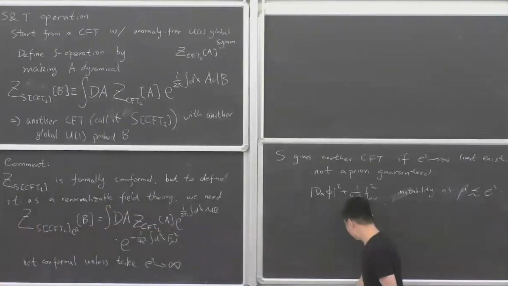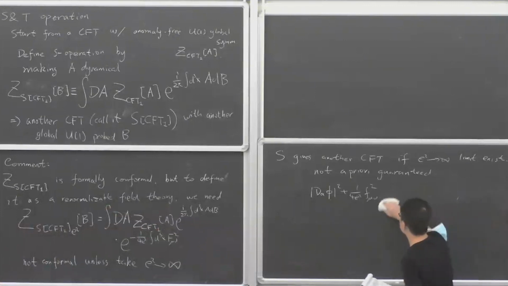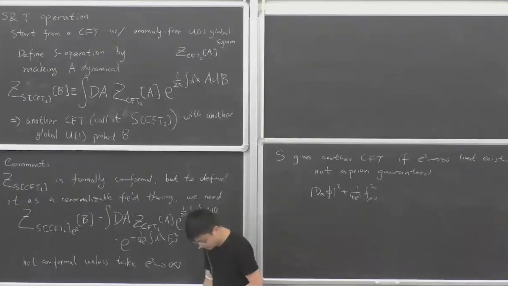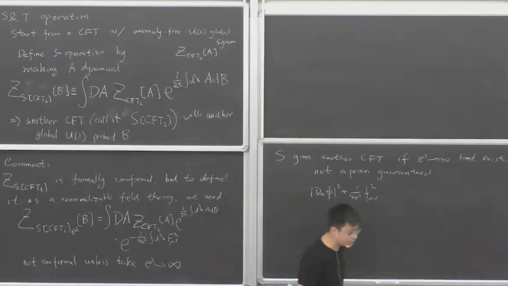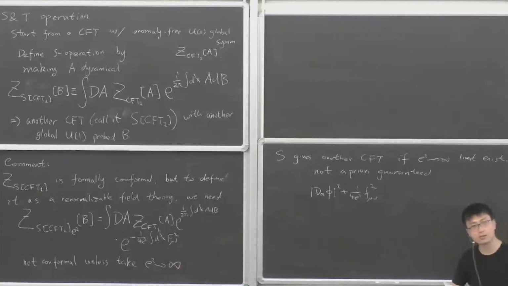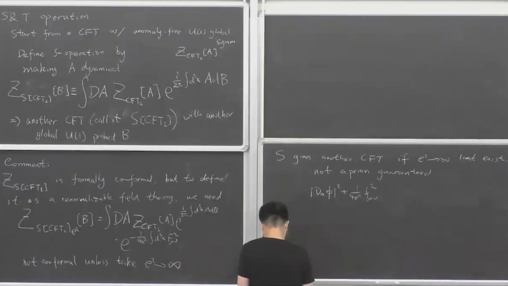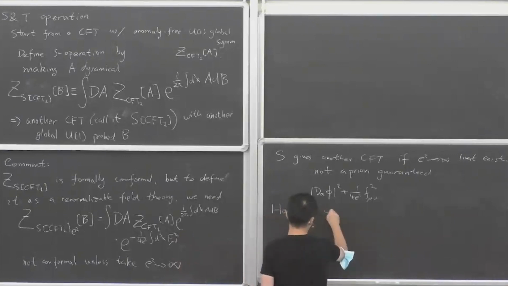So this is a warning that this may not always give you a nice thing. And in fact, there are even more subtle examples where this limit does exist, but it doesn't commute with some other limit you want to take in the theory and so on. So this is a warning. However, we'll proceed without worrying about this subtlety.